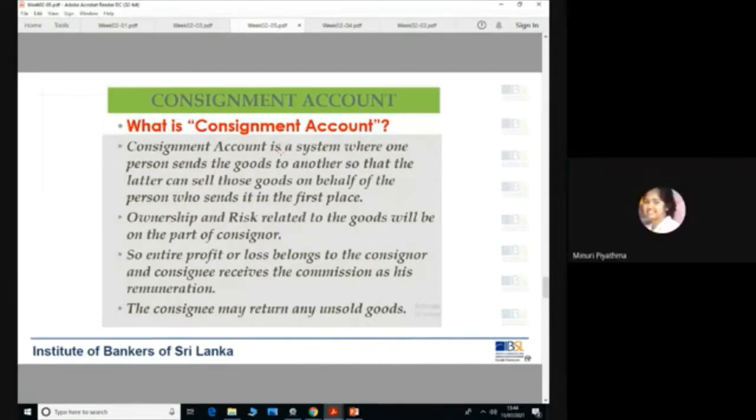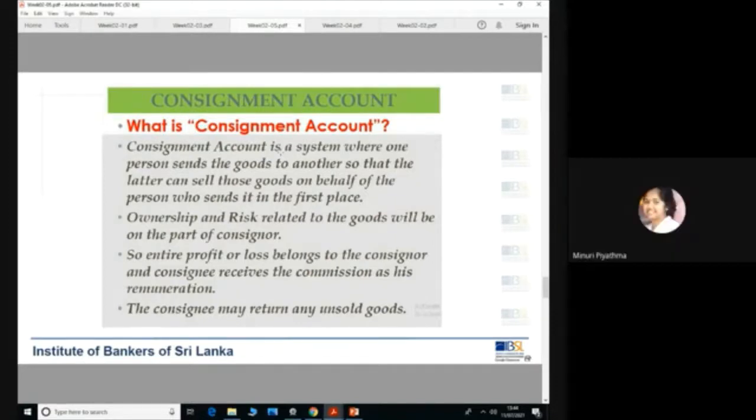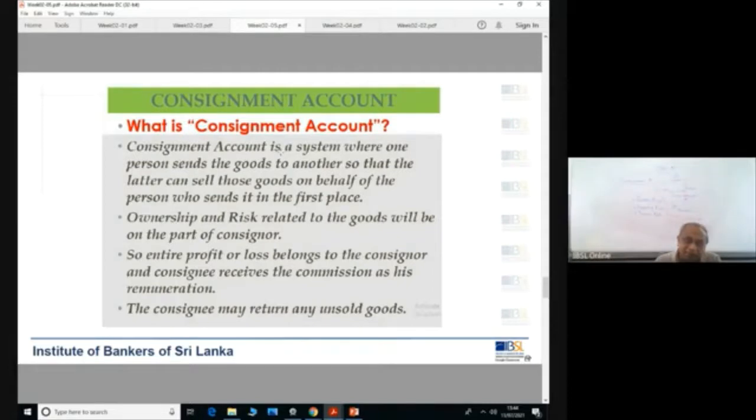Here the consignor is the seller and consignee means the buyer. Consignee is the buyer. Consignor is the seller. Shall we write that point?